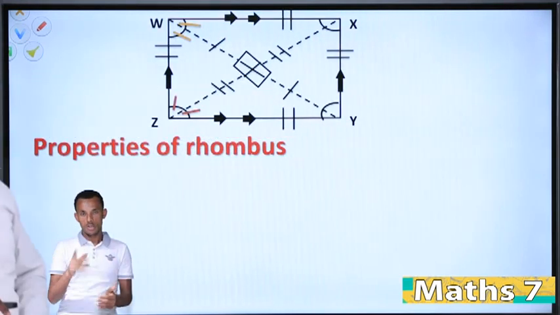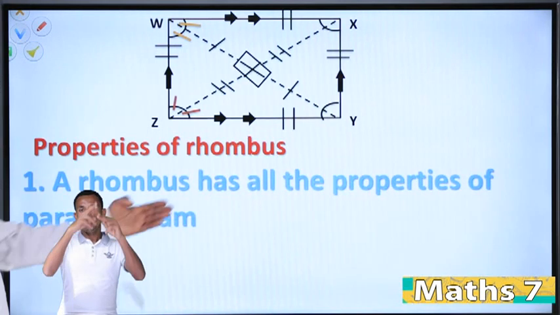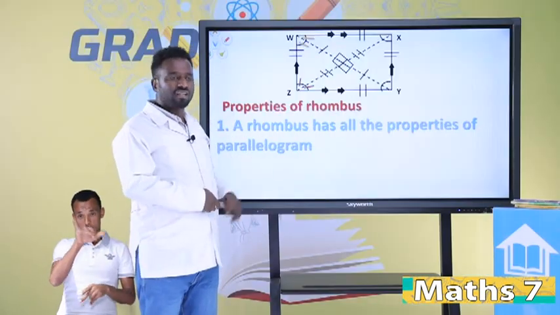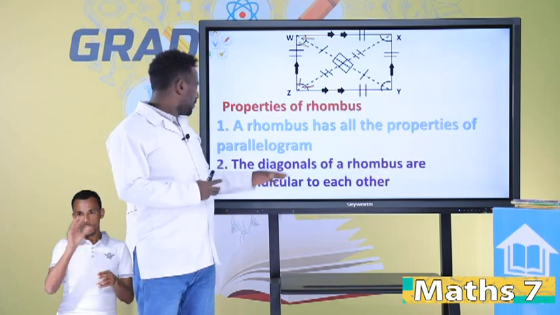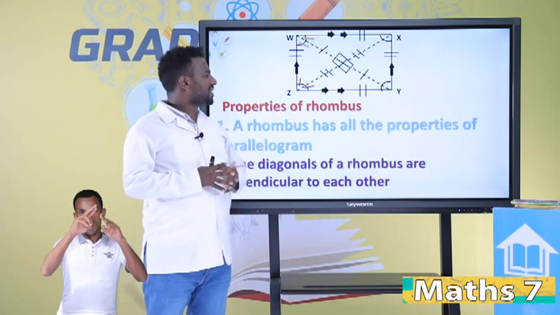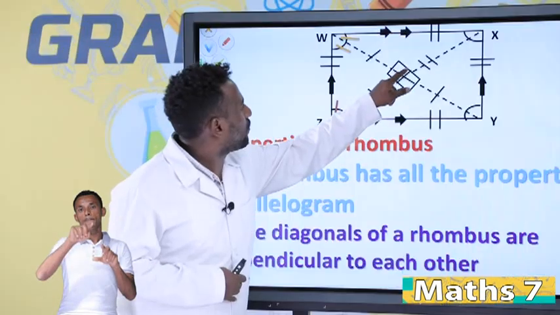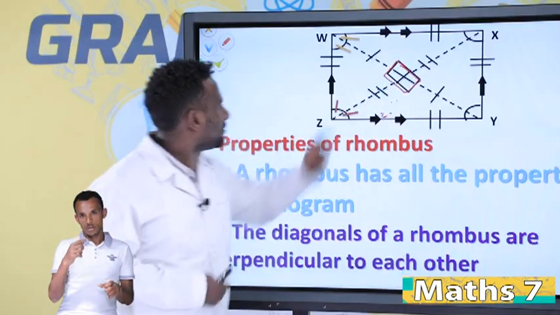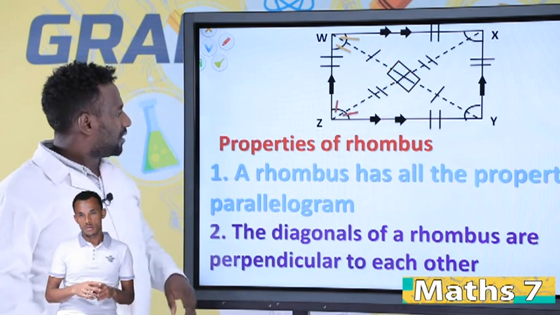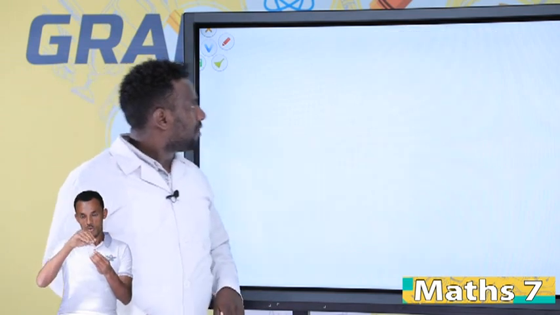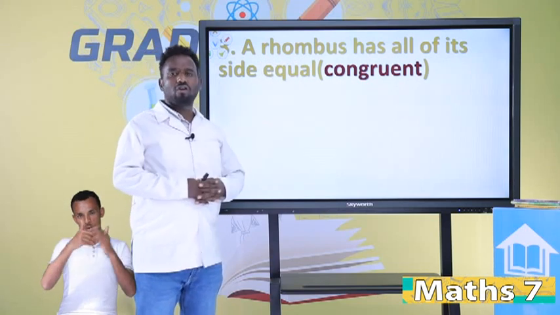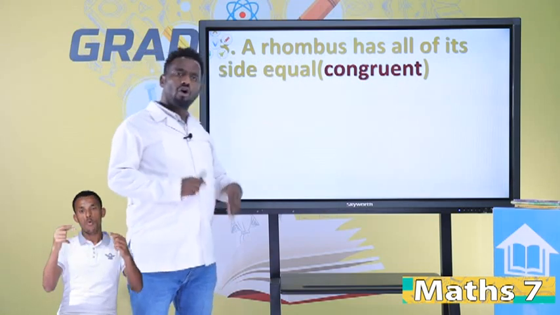The properties of a rhombus: a rhombus has the properties of a parallelogram, similar to the rectangle, and the diagonals of a rhombus are perpendicular to each other. Also, a rhombus has all sides equal or congruent.